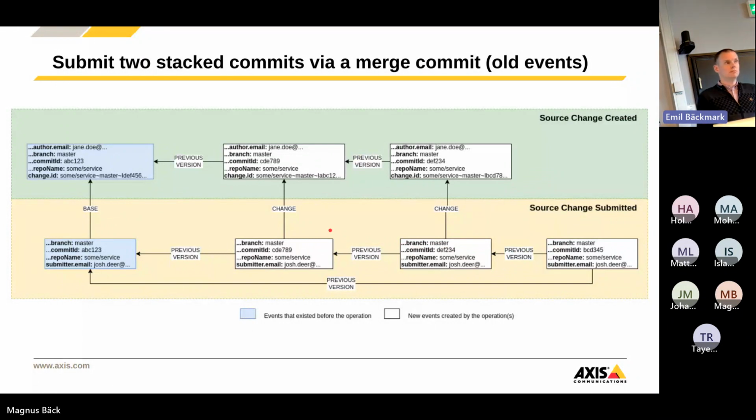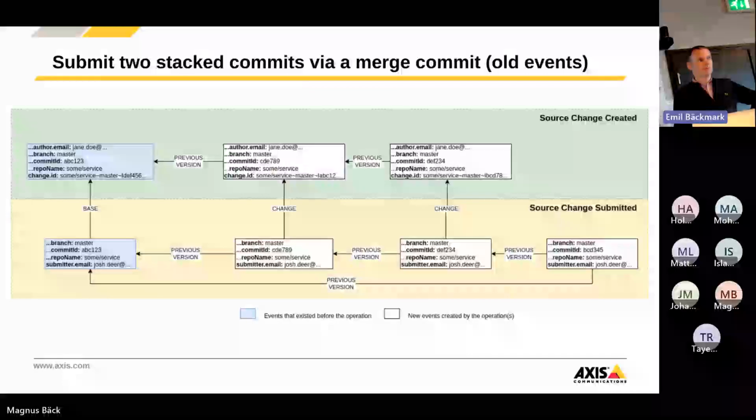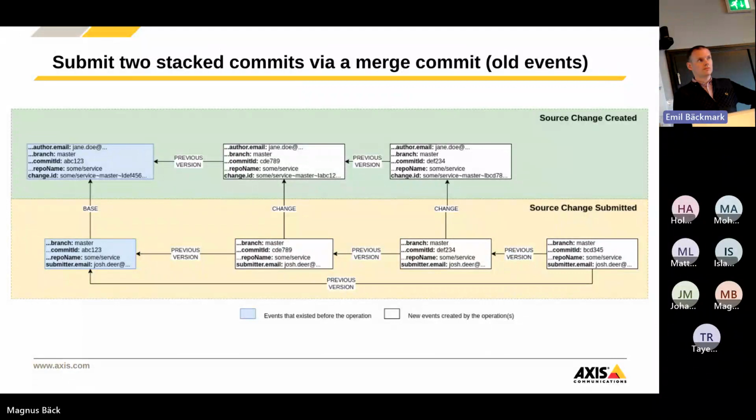Okay, sure. So the interesting thing is that the source change that was created earlier, which we had a patch set for, was now submitted. Yeah. And if there's a change with 3 different patch sets or a pull request with 3 different commits, it's just the last one that is part of the submit. Yeah.